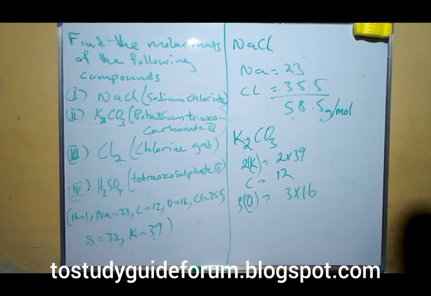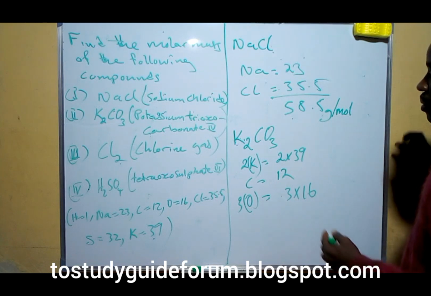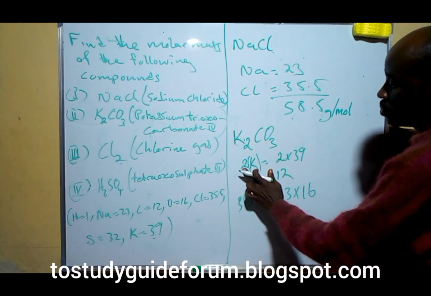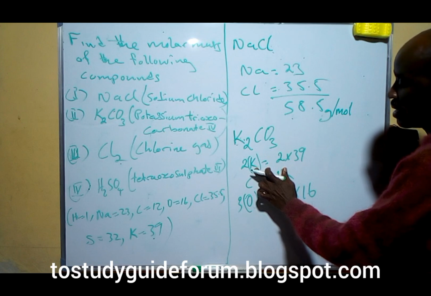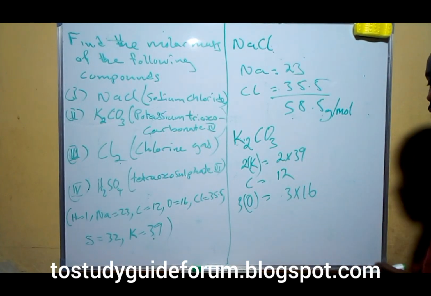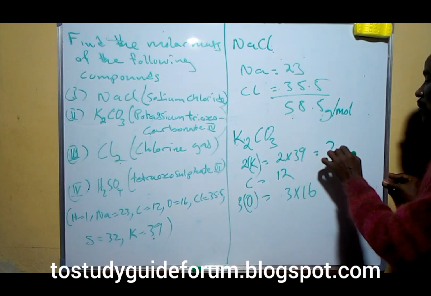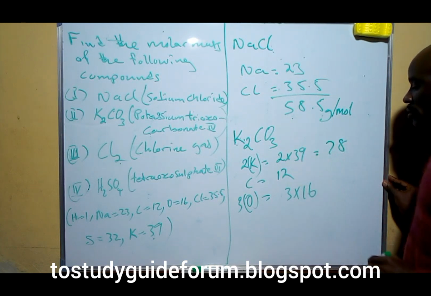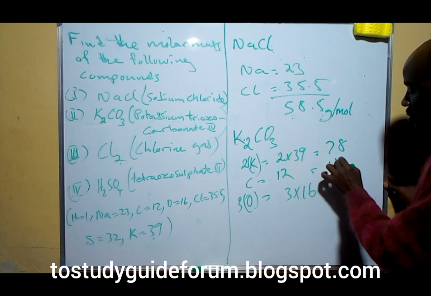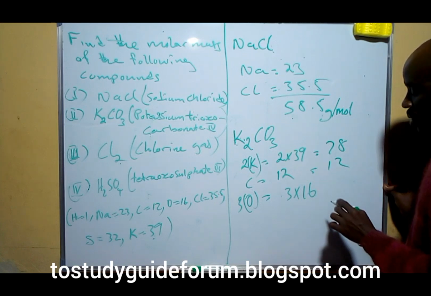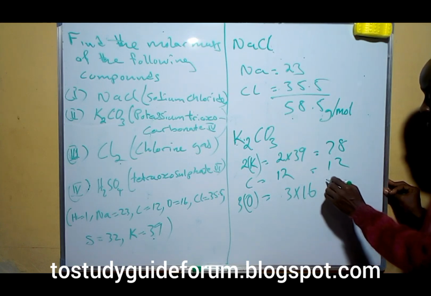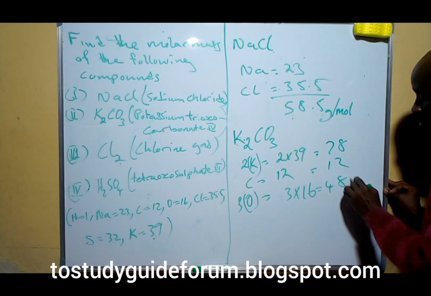Multiplying the relative atomic mass of potassium, we have 78. This other one is already 12, and this one will give us 48.